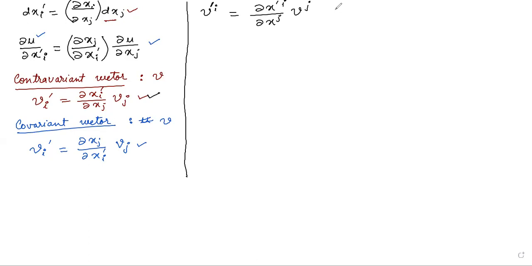So from this equation, if v_i are the components of a contravariant vector, then the indices should be superscripts. And for the covariant vector, it should be written like this: v prime i is equal to ∂x j by ∂x prime i v j.